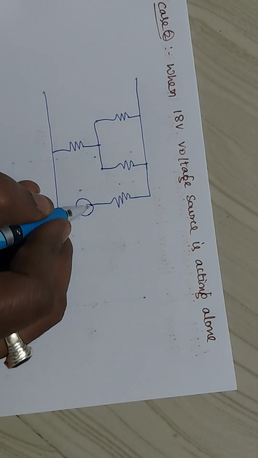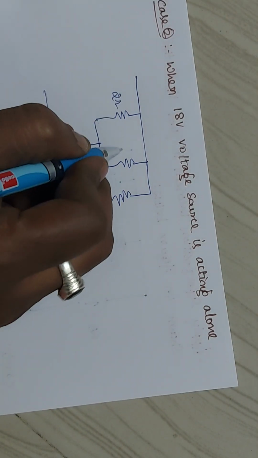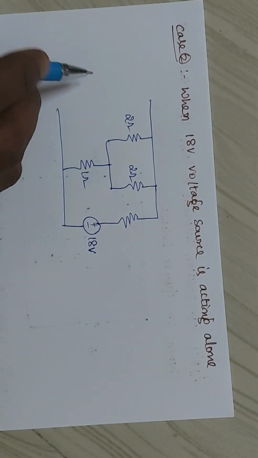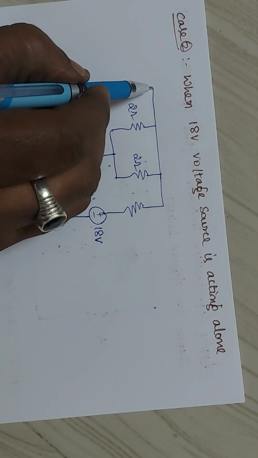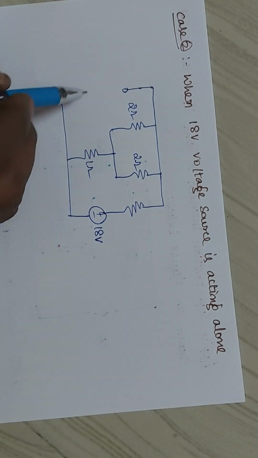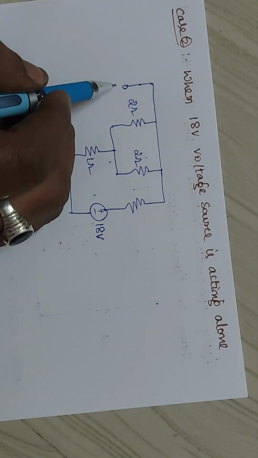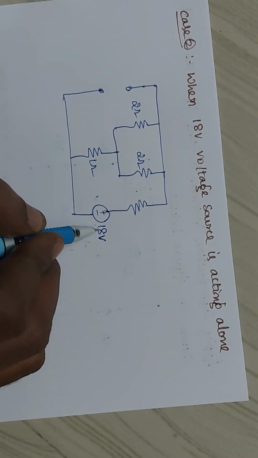Now, here the current source is there. What I am asking is, here only 18 volts is there, so what I have to do is make this an open circuit. Actually this is the current source place in the original circuit, so I replace it here. I am considering only 18 volts.